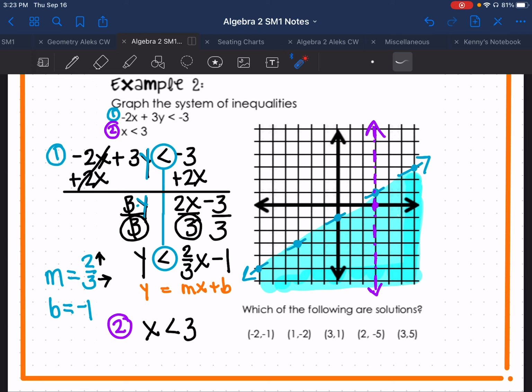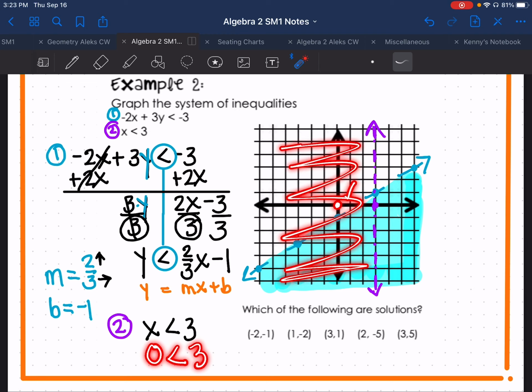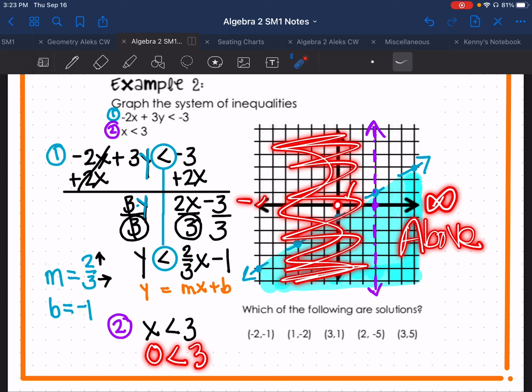Well, let's check 0. There's 0. 0 is less than 3. Yes, that's true. So these would be considered below. These would be considered above. And if you think about it, this is positive infinity and this is negative infinity. So that makes sense where less than is and where greater than is.